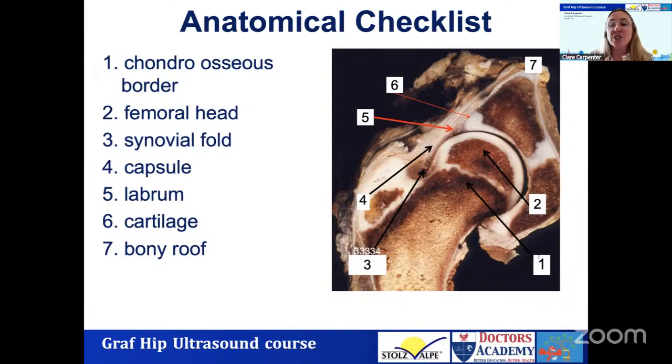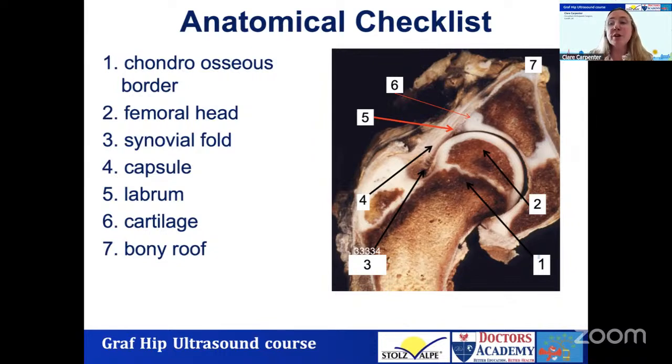He talks about the synovial fold, which is the reflection as the capsule comes down into your piriformis fossa. The capsule then comes out and goes over the femoral head to insert onto the perichondrium of your pelvis.